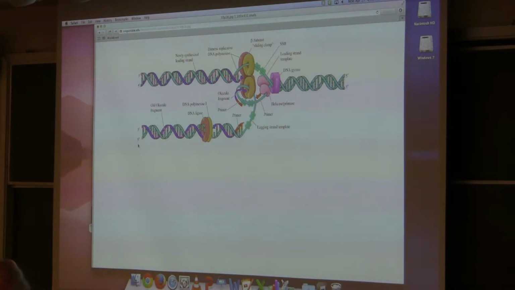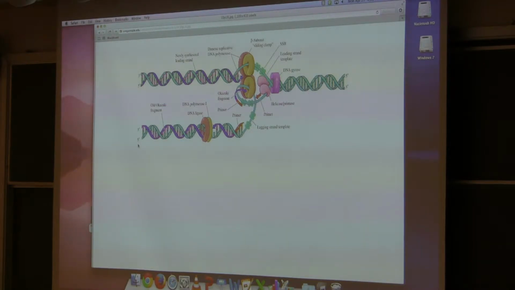It doesn't get interrupted. It doesn't get put together in pieces, which is what happens to the other strand. It occurs as one contiguous strand. So leading strand replication is simple.